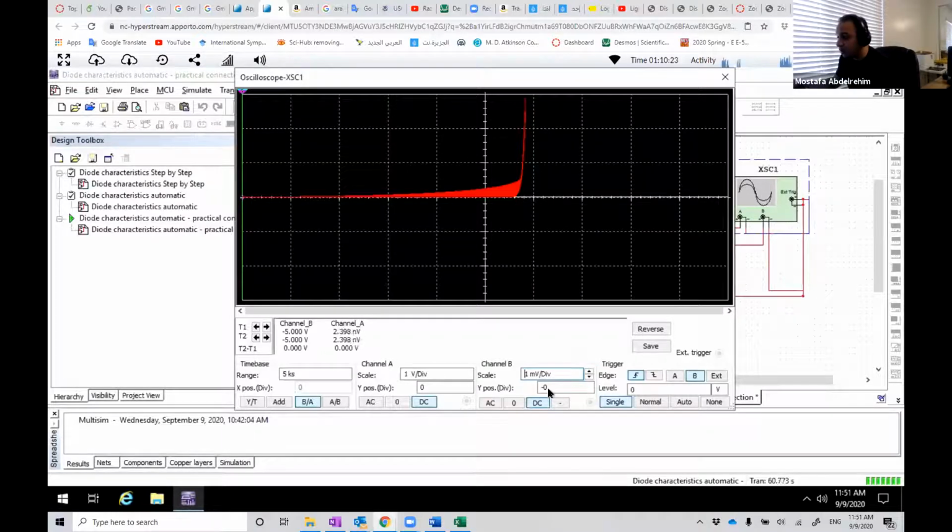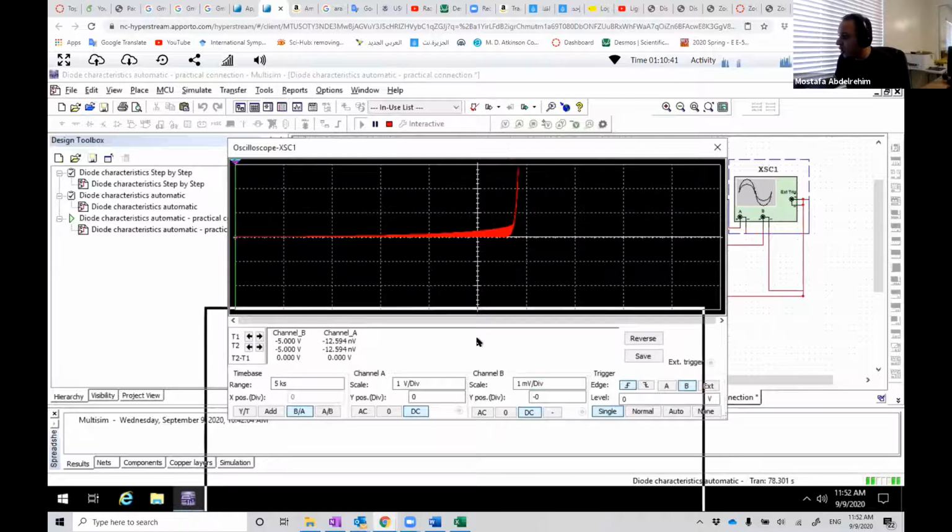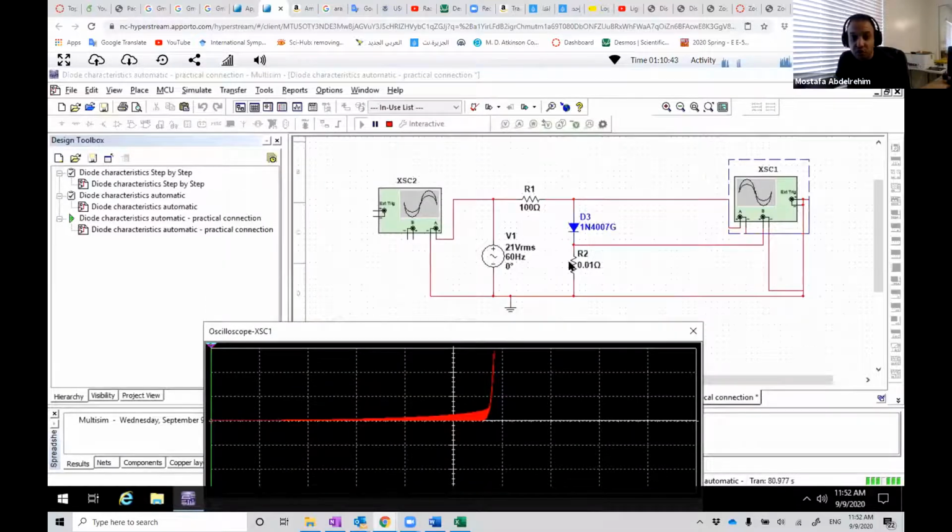But be careful with two things: the scales again, and now the vertical axis is not exactly the current. It would be the current if the resistance value of R2 were 1 ohm, but this is 0.01.